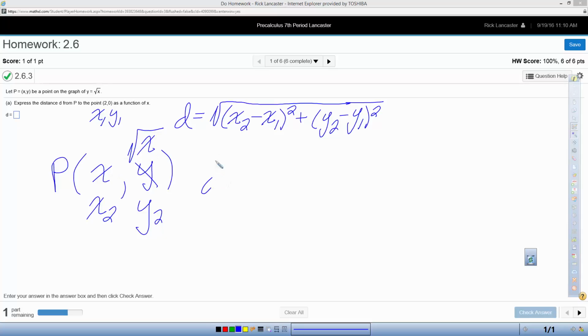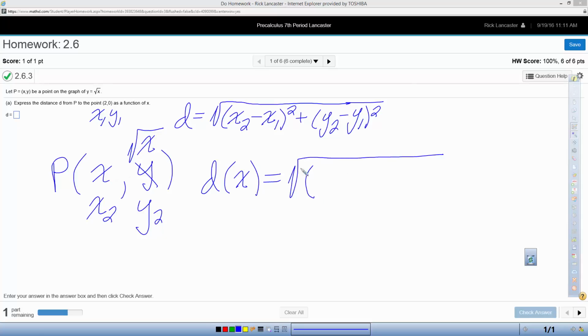So now we're going to substitute into the distance formula. And now I'm writing this distance in function notation. So this is distance as a function of x equals, and we're now going to follow the distance formula.